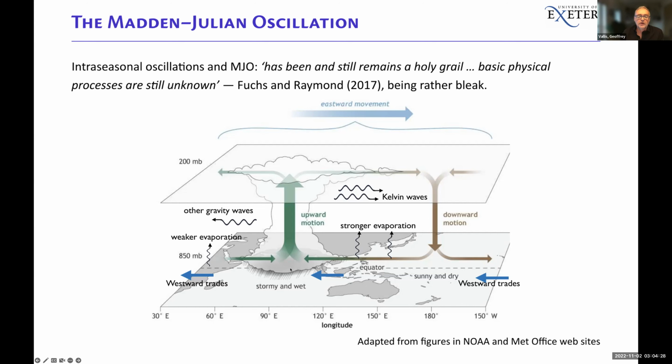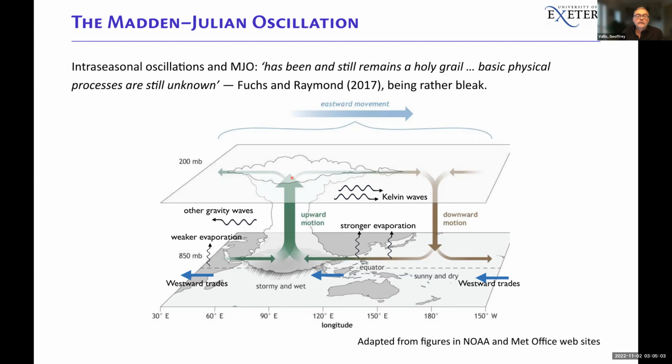And you see here's a map of the Southwest Pacific Ocean and the Indian Ocean. What seems to happen every couple of months or so is that a storm develops over the Indian Ocean, which is rather intense and rather big, and it draws air in from either side, and so you get a lot of intense rainfall and clouds and excites gravity waves, and there's all sorts of things.